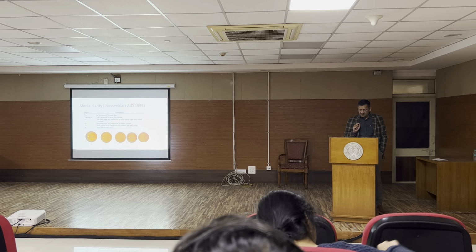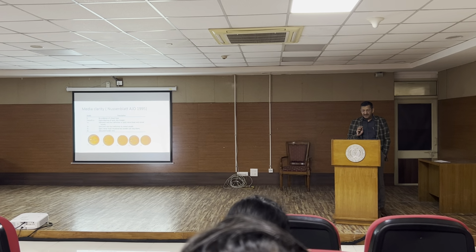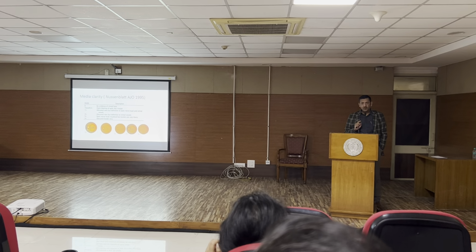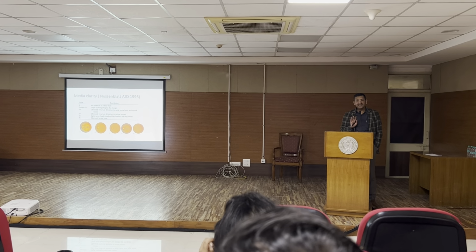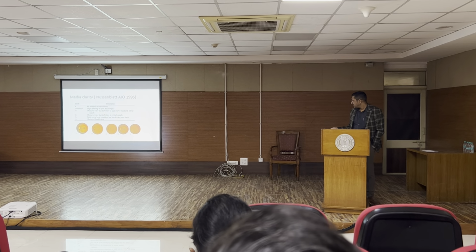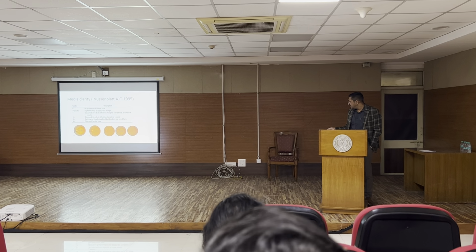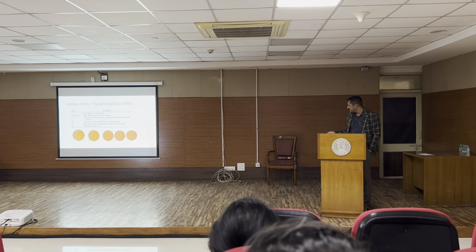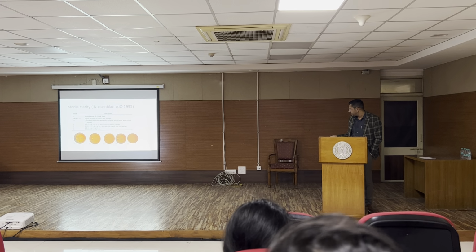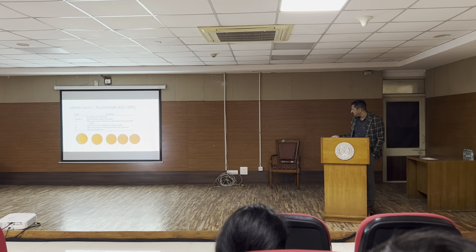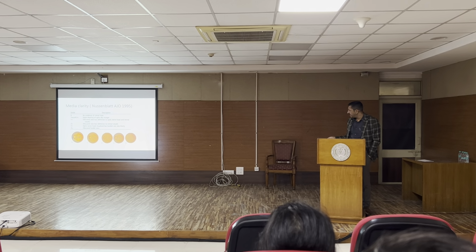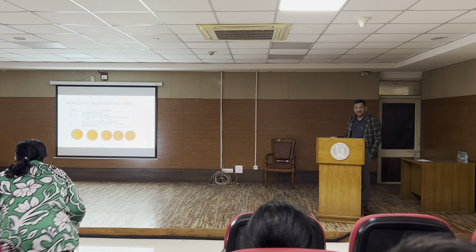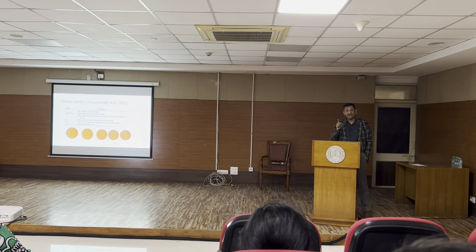Grade 2 is media haze is there, but the disc and vessels are visible. Grade 3 is where the media haze is so much that vessels are not visible. Like here you can see this is grade 1 where disc and vessels are visible. Grade 2 where again media haze is more, but disc and vessels are visible, but hazy. In grade 3 only disc is visible, vessels are not visible. And in grade 4 media haze, you can't see disc as well as vessels. So whenever you describe a case of fundus, you have to start from media clarity.